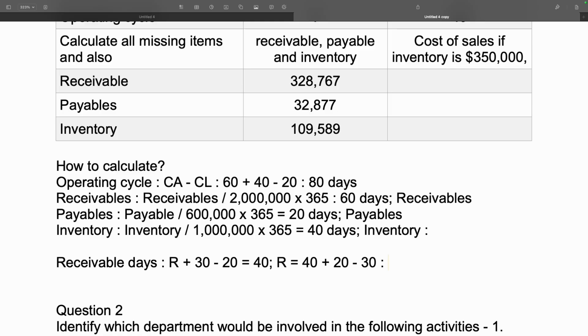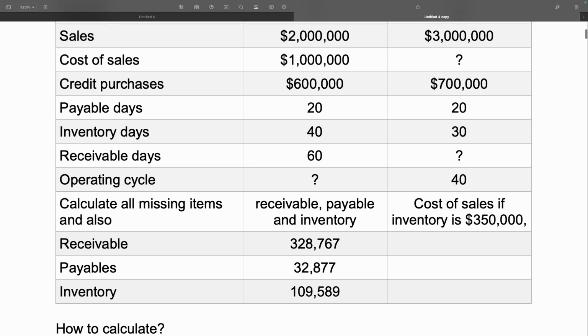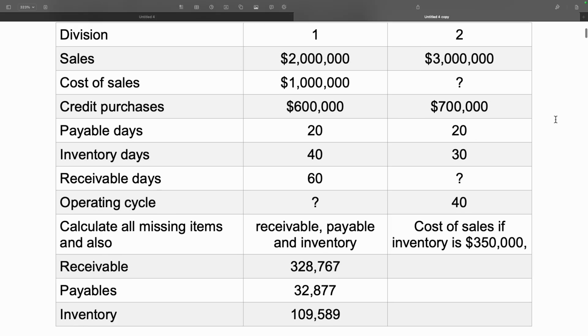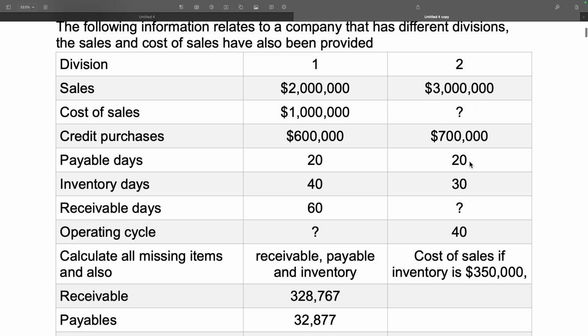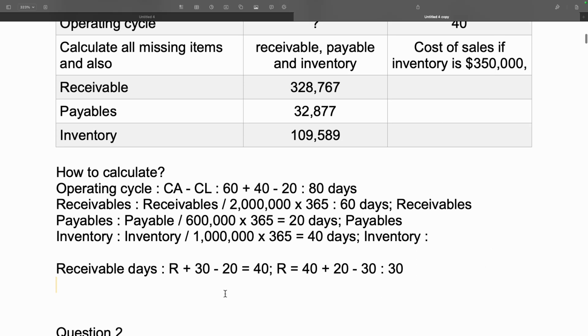So 40 plus 20 minus 30 is 30 days. That's the answer there. Are you okay on this part? So once you get that one, then you already know how much is your inventory days. The next one they ask you is what is the cost of sales if the inventory is 350.